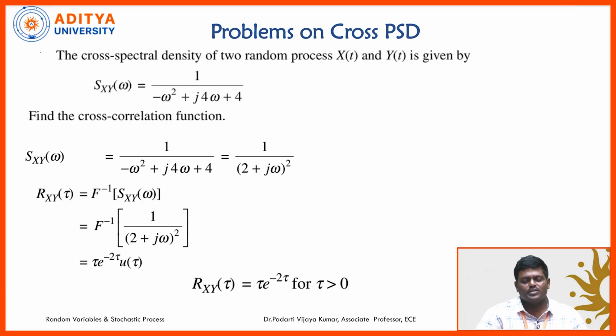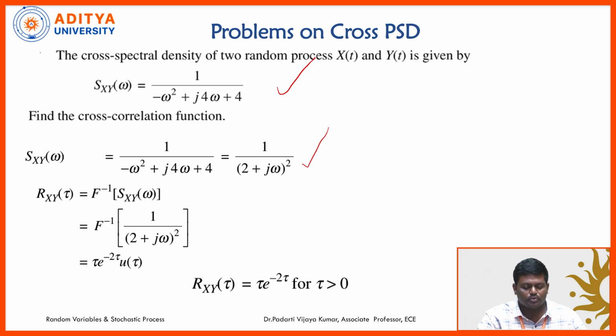Next, now we will see the converse. The converse is when cross power spectral density is given to us, how to compute the cross correlation function. We need to apply the inverse Fourier transform pair concept. So the cross power spectral density given in this problem is Sxy of omega equal to 1 by minus omega square plus j 4 omega plus 4. This is also mathematically written as 1 by 2 plus j omega whole square.